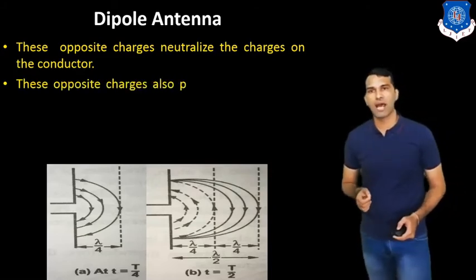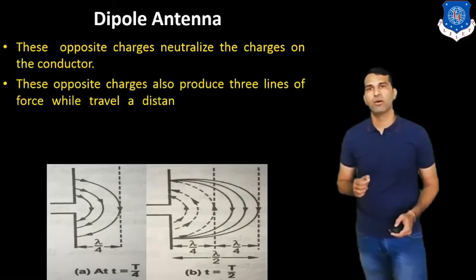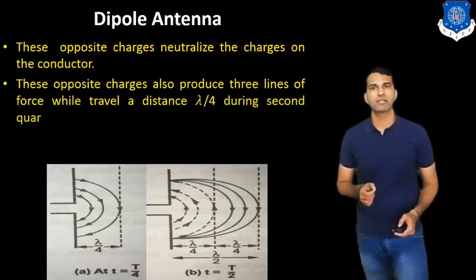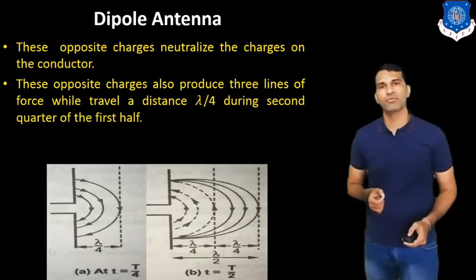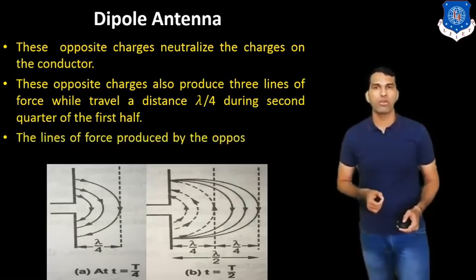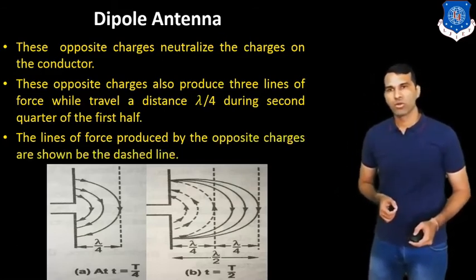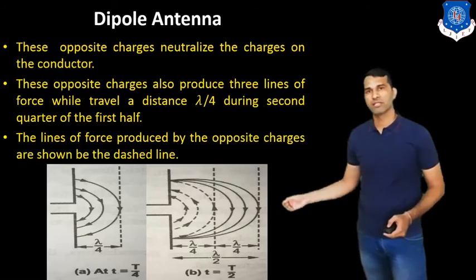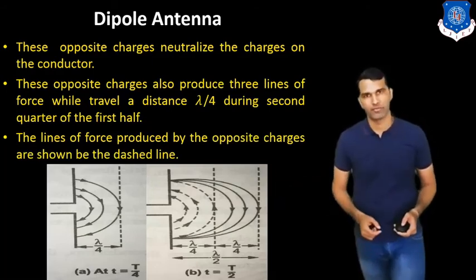This opposite charge also produces lines of force while traveling a distance lambda by 4 during the second quarter of the first half. The lines of force produced by the opposite charge are shown by the dashed line. We can see here this dashed line indicates the second quarter line.